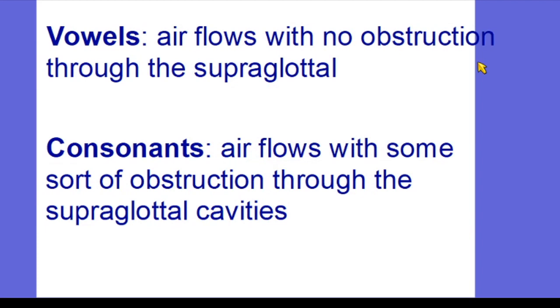So, all in all, vowels are sounds or phones in which the air flows with no obstruction through the supraglottal system, cavities, right? Whereas consonants are sounds in which the air flows with some sort of obstruction. It could be a total obstruction or a partial obstruction through the supraglottal cavities. So this is the basic difference between consonants and vowels.